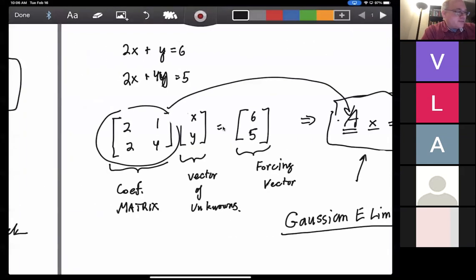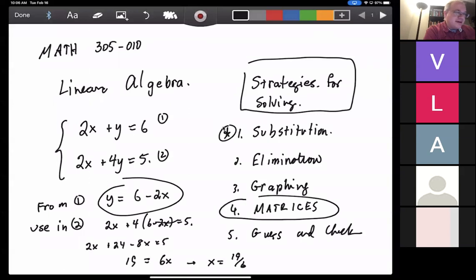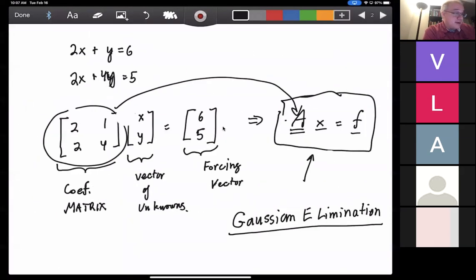All right. So for the purpose of the recording, remember we started talking about linear algebra. We looked at some strategies for solving. We went through the solution of a simple pair of equations, and we introduced the idea of Gaussian elimination.